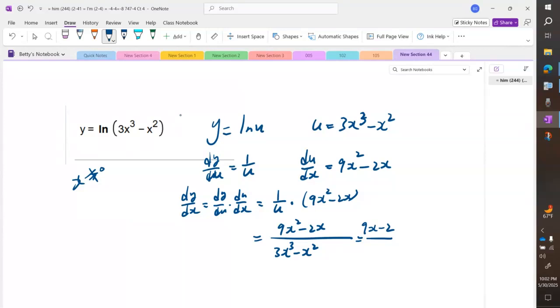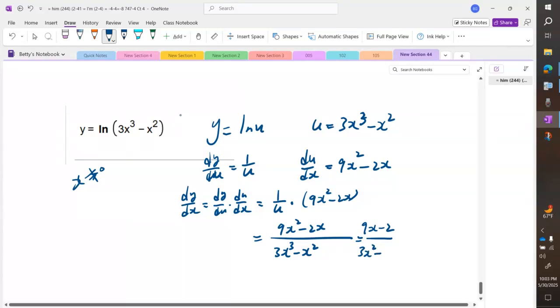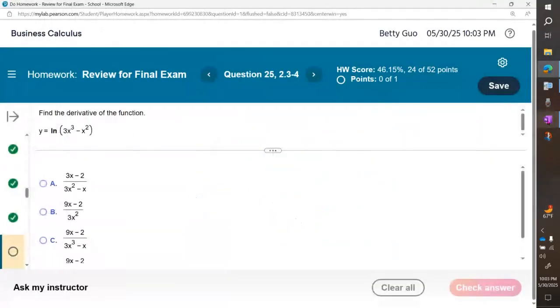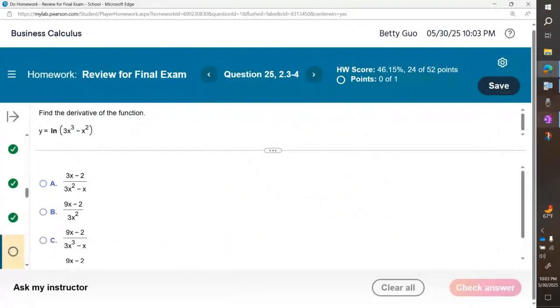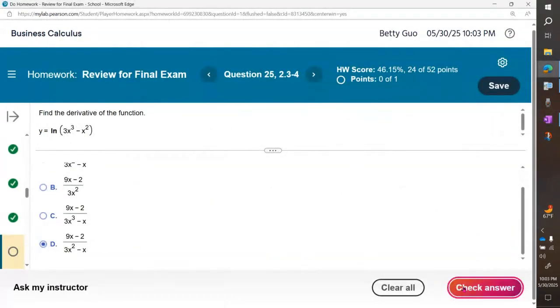Get rid of a factor x from each of the 4 monomial terms. 9x minus 2 over 3x squared minus x. It's a multiple choice question, so it's good. 9x minus 2 over 3x squared minus x. This one, the last one.